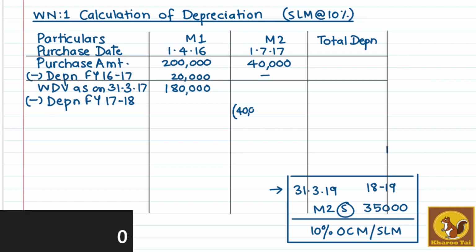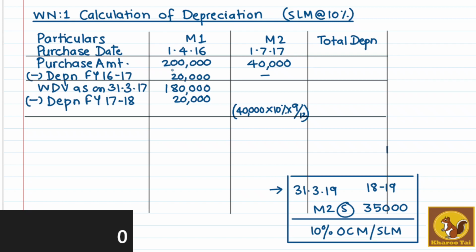40,000 into 10% into the machine was used. The machine was in the business from 1st July 2017. So the depreciation will be for July, August, September, October, November, December, Jan, Feb, March. That is for 9 months. First machinery 20,000, as the method is SLM, 10% of cost of asset, that is 2 lakhs.